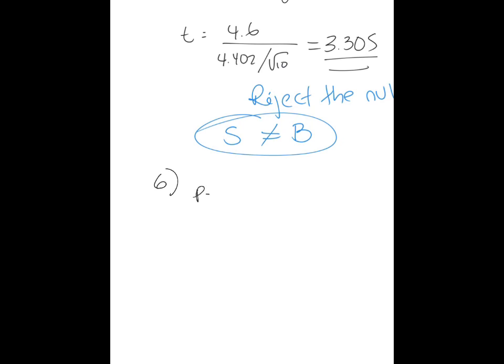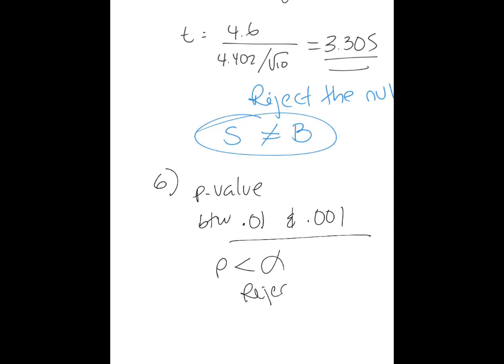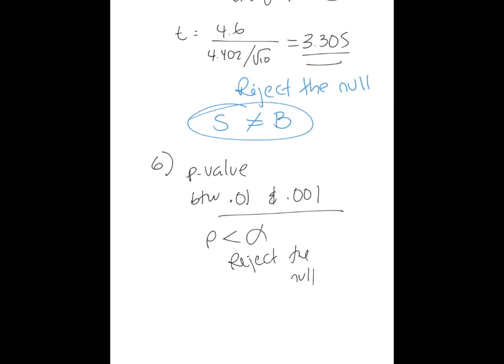Okay, so the p-value is going to be between 0.01 and 0.001. Very small. And we know that p is smaller than alpha, therefore we further reject the null. Okay, so that concludes our 3 different types of t-tests.